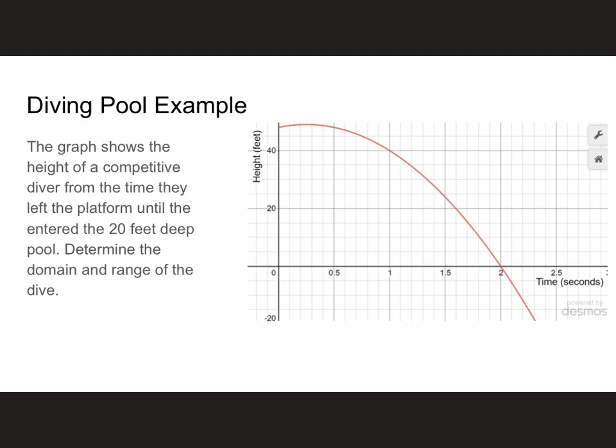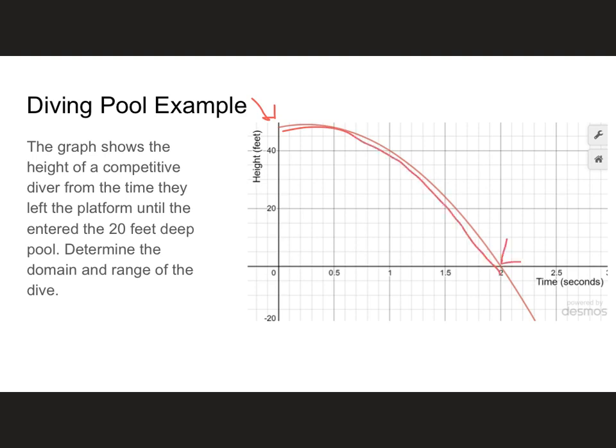Now this example is dealing with someone who is diving from a diving platform. You can see here that the platform starts at 48 feet in the air, and the person dives, they rise up a little bit initially, and then they begin their descent as they move down.